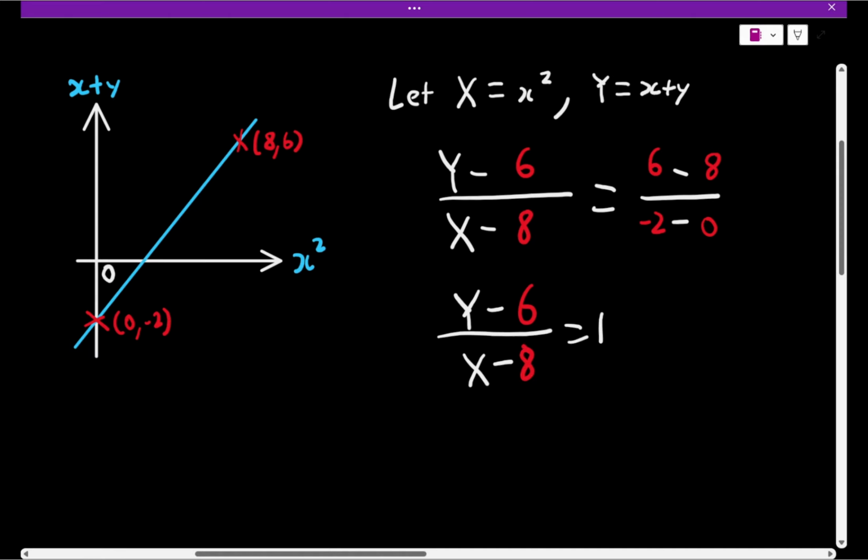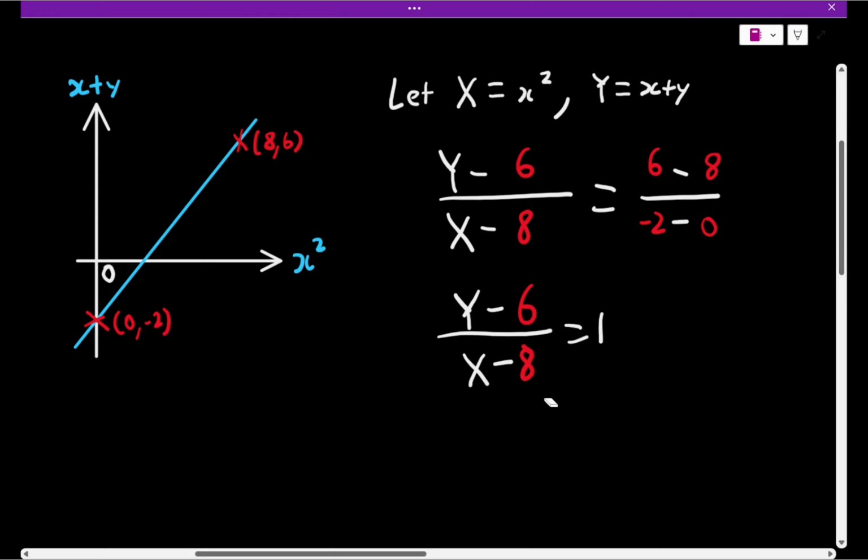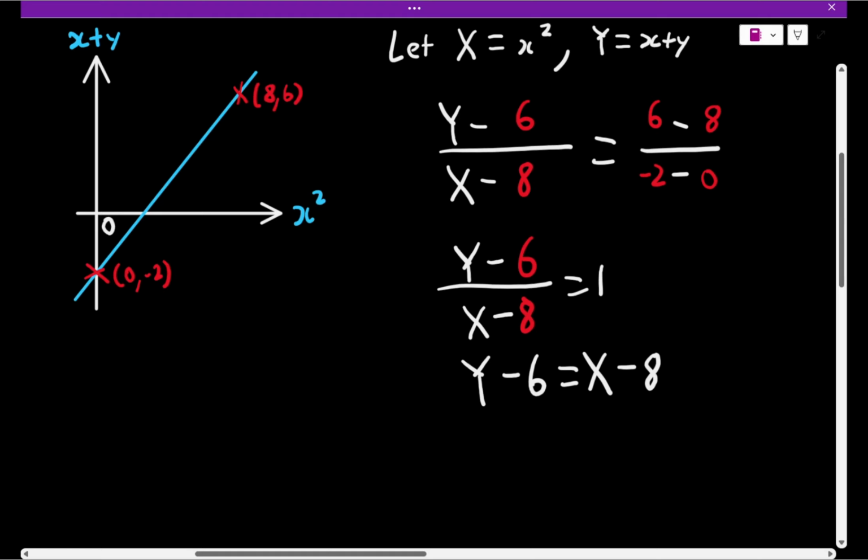What we can do is cross multiply, or just multiply both sides by capital X minus 8. So you get Y minus 6 is equal to X minus 8. Just add 6 on both sides, and you get Y is equal to X minus 2.